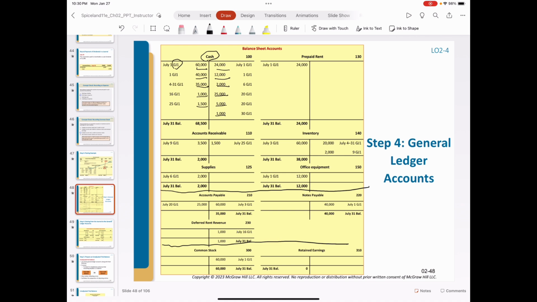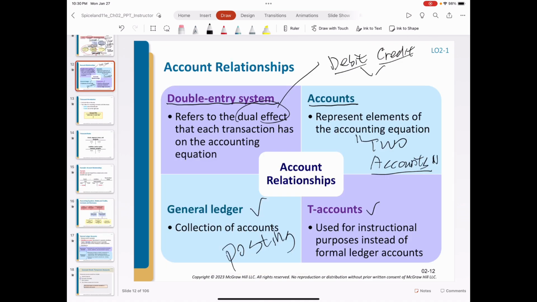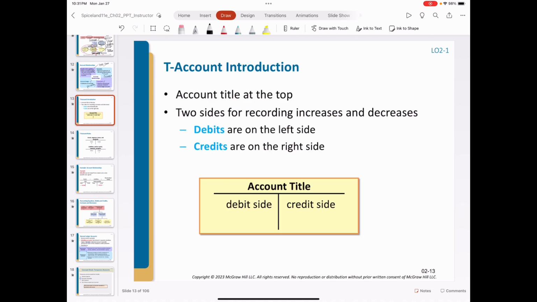And you also find that each account has such a shape with the account's title at the top, just like a capital letter T. So we call them T accounts. The T accounts are used for instructional purposes instead of formal ledger accounts. For a T account, at the top is the account's title.